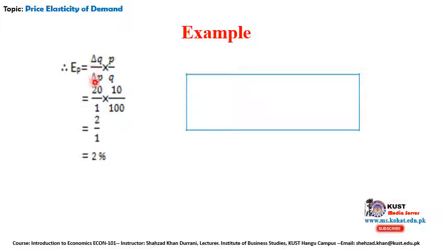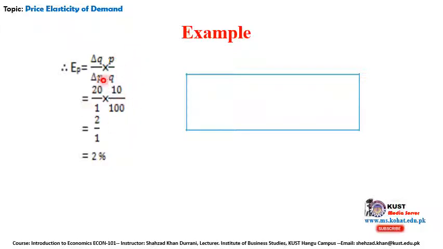The change in price, 10 minus 9, is 1. The original price was 10, and the original units were 100 before the change in price. So we multiply with the original price and divide by the original quantity.